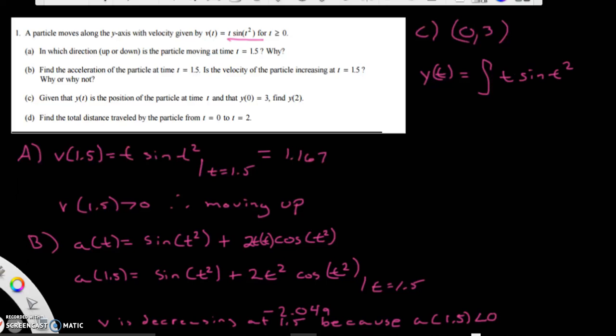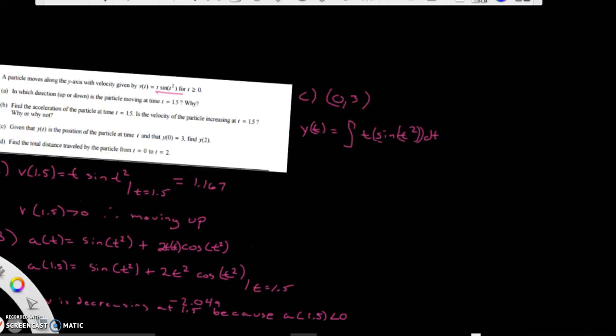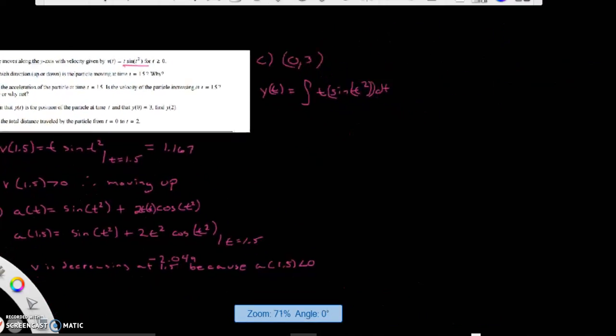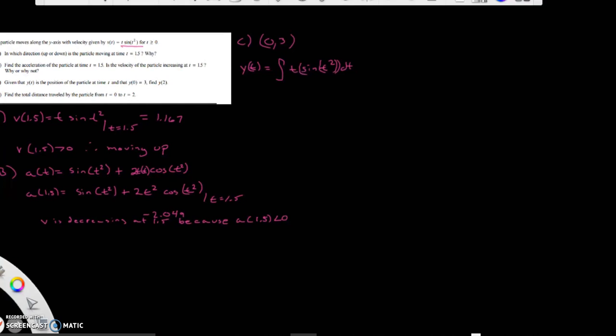So we're going to have to do u-substitution, and technically this needs the parentheses. So let me zoom out a little bit. Okay, so let u equal t squared.